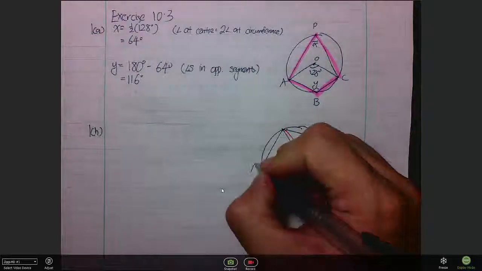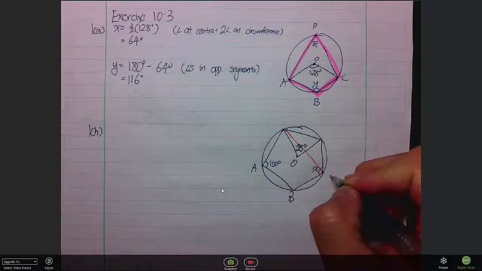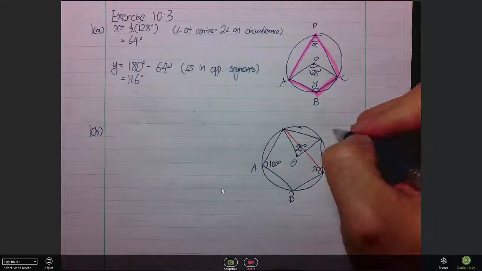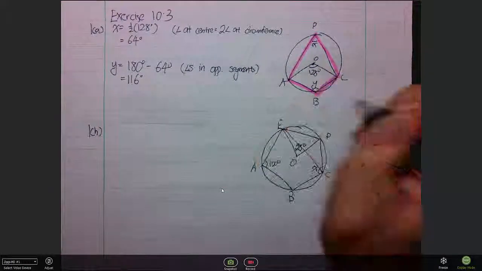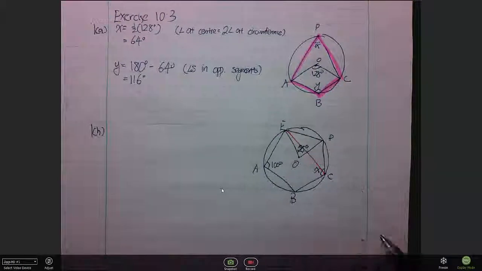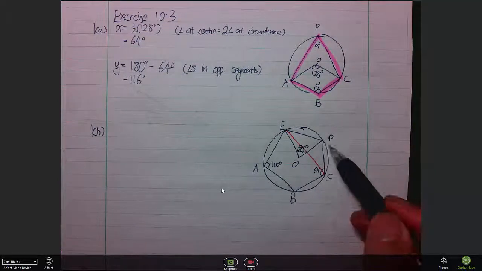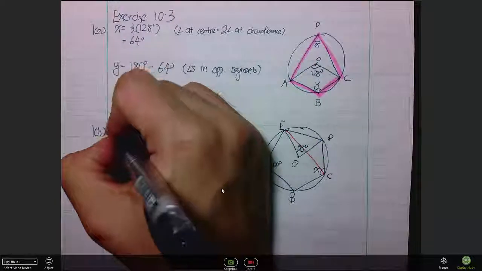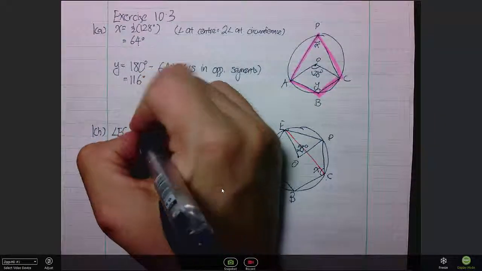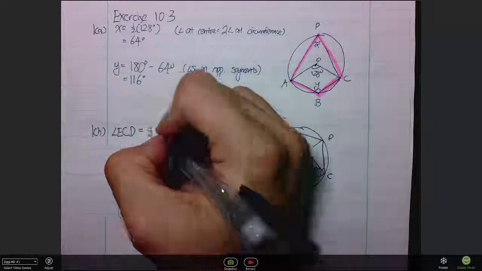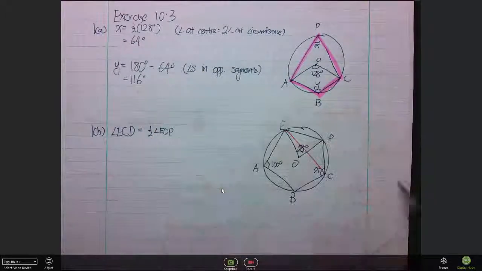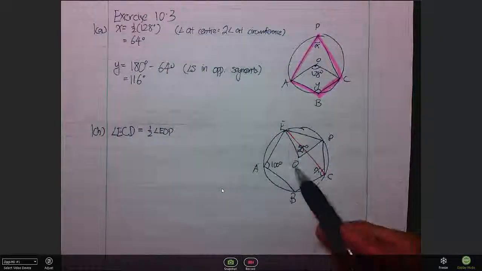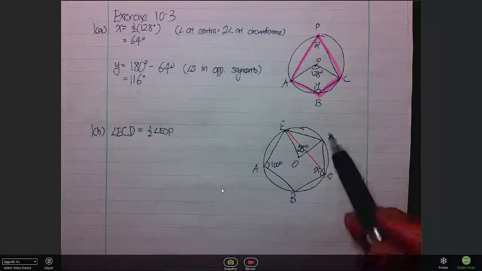Let me explain what the extra line is for. Never mind, we don't talk about the cyclic quadrilateral first. First I try to find angle ECD. Notice that angle ECD is half of angle EOD, because angle at center EOD is 2 times angle at circumference.